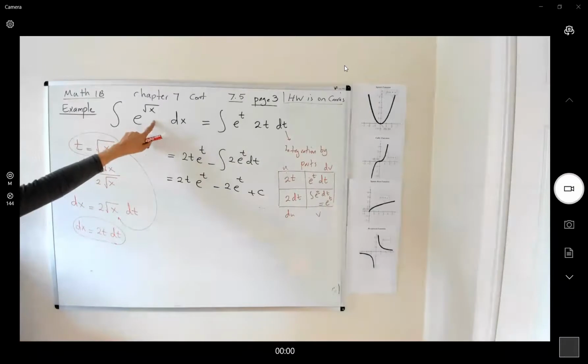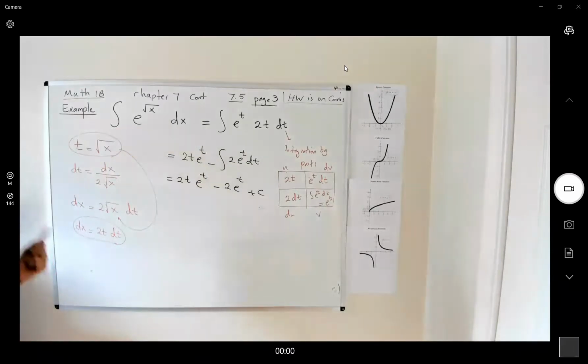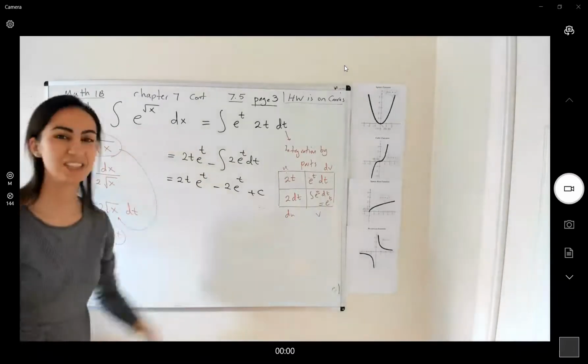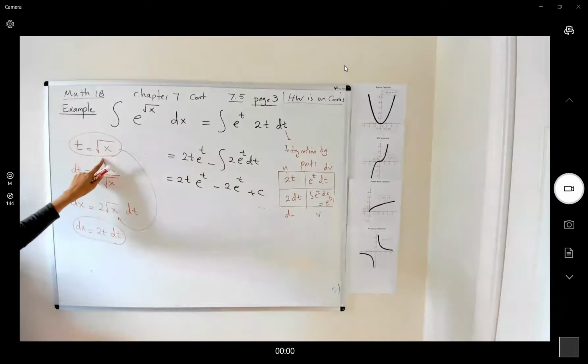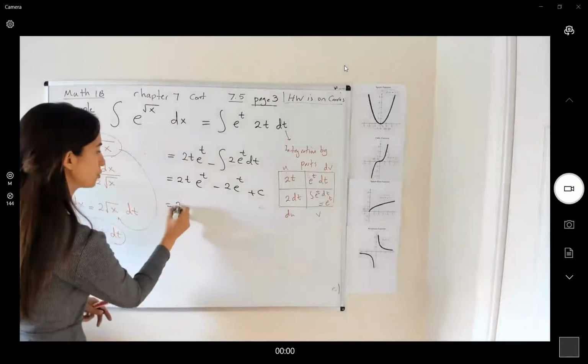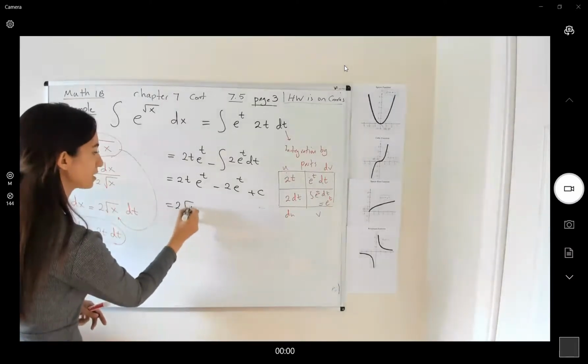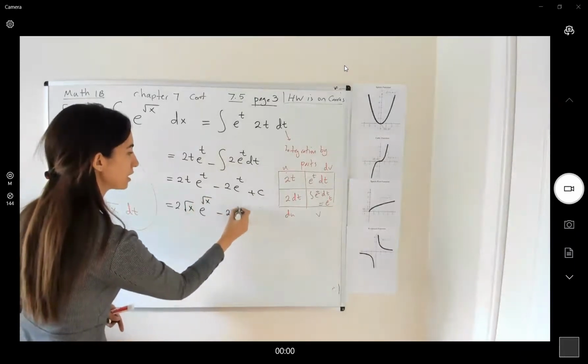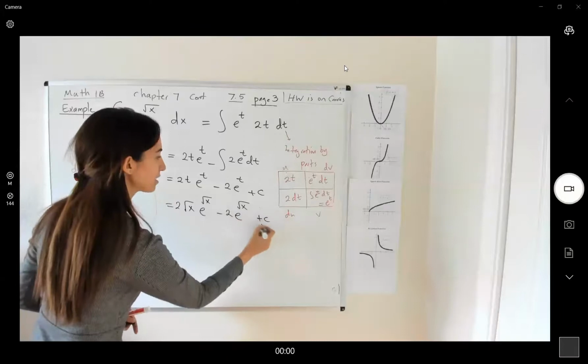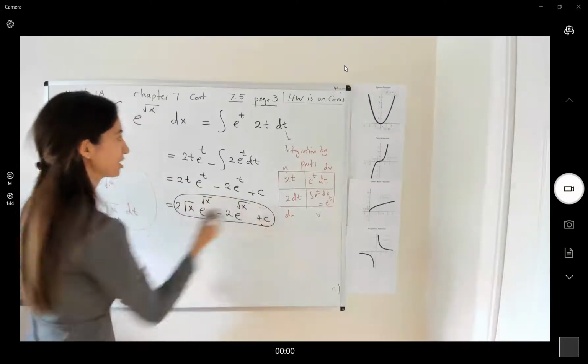Okay, let's get back to our integral. Our integral is in x, so we have to change these variables and write them in x. Okay, t is equal to square root of x, so this is equal to 2 square root of x e to square root of x minus 2 e raised to square root of x plus constant of integration.